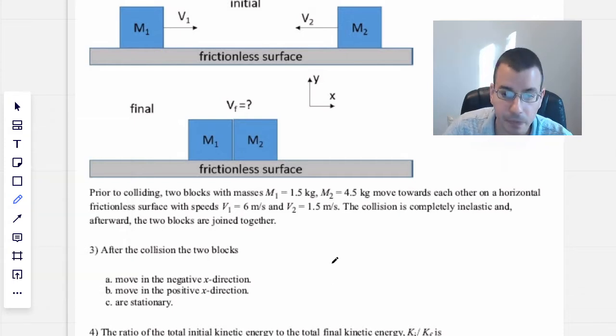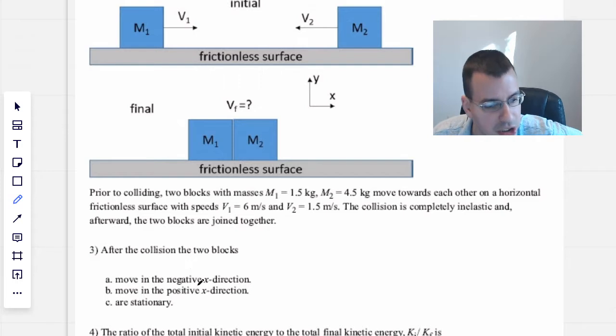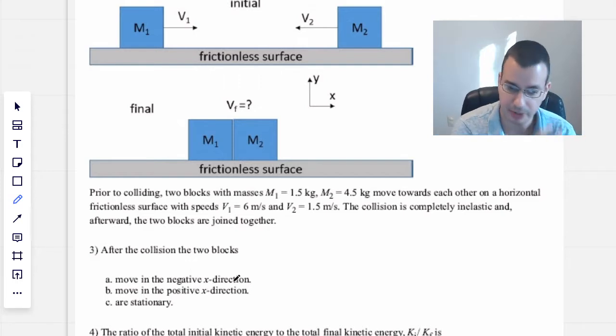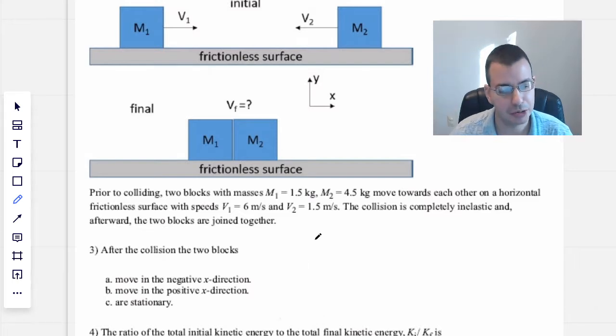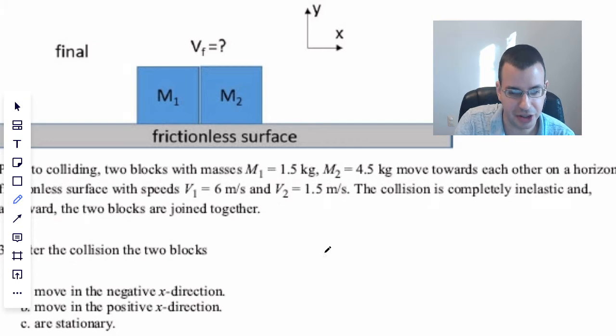Okay, so now that we got the basic setup here, after the collision, the two blocks move in the negative x direction, move in the positive x direction, or are stationary. So I'm just going to find the resultant velocity because we're probably going to have to use it anyway. That's just how these problems tend to unfold. So momentum 1 plus momentum 2 equals momentum 1,2.